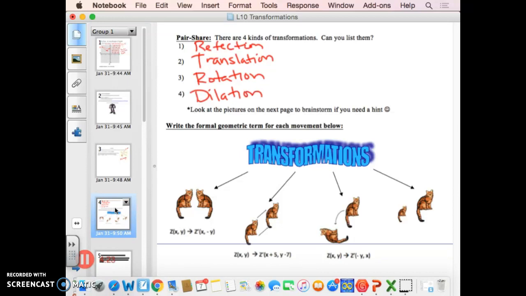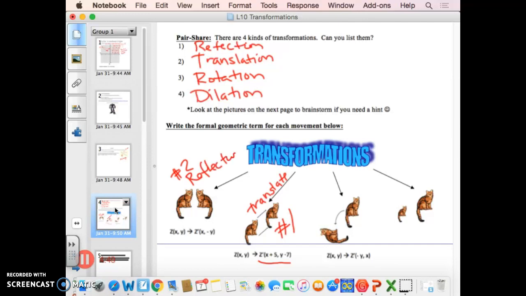Okay. So when you looked at your shapes today, number 1 was a translation. And this is what a rule looks like for a translation. So this was a translation, and it was like number 1 in your packet. Okay. Number 2 in your packet, that was a reflection.